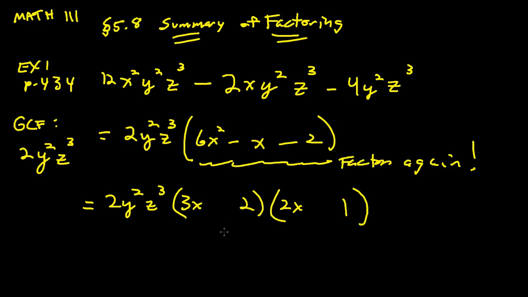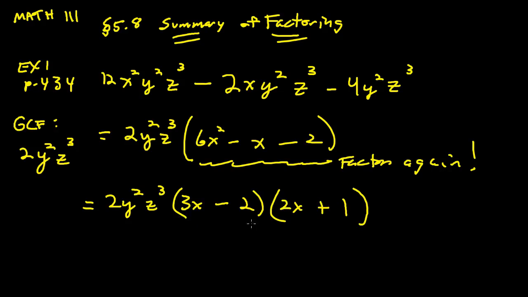Check it out. I'll have my outer product will be 3x. My inner product will be 4x. And again, I can play with a sign to get that to add up to a negative x. And of course, 2 times 1 is 2. And I'll see what I can do with the sign here. I believe this is negative here and positive 1 here.